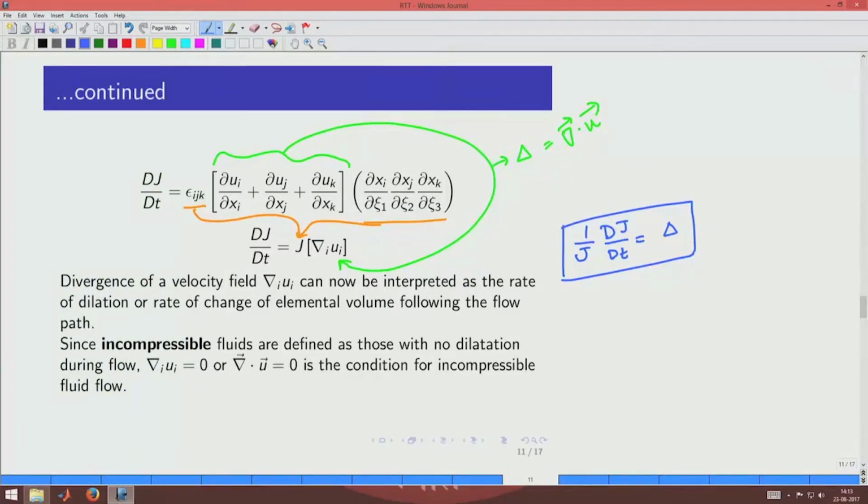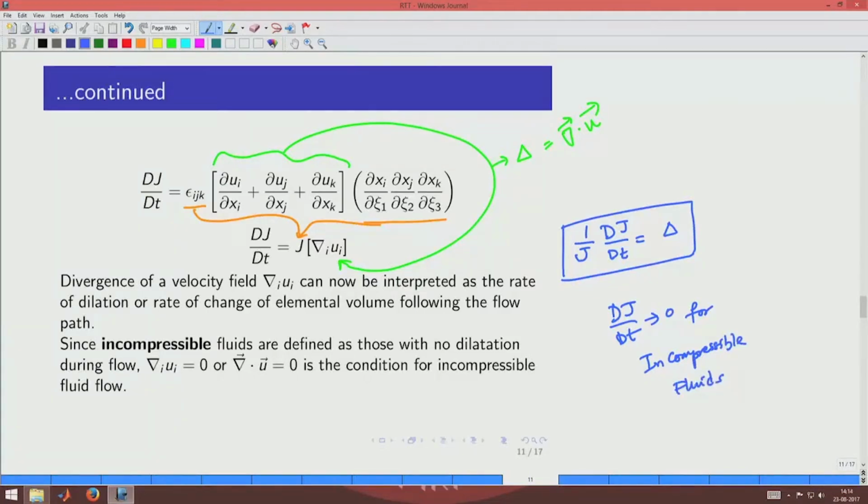Here we can see another way of describing it. If delta is 0, it also means that dJ by dt is 0 for incompressible fluids.